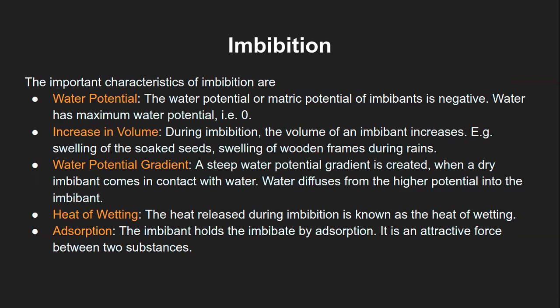Then the second important characteristic of imbibition is increase in volume. Obviously, when imbibition happens, water gets soaked in or absorbed, and the volume of the solid particle or colloid increases. That is, the imbibant size increases. So, for example, swelling of the soap seat or swelling of the wooden frames during rains.